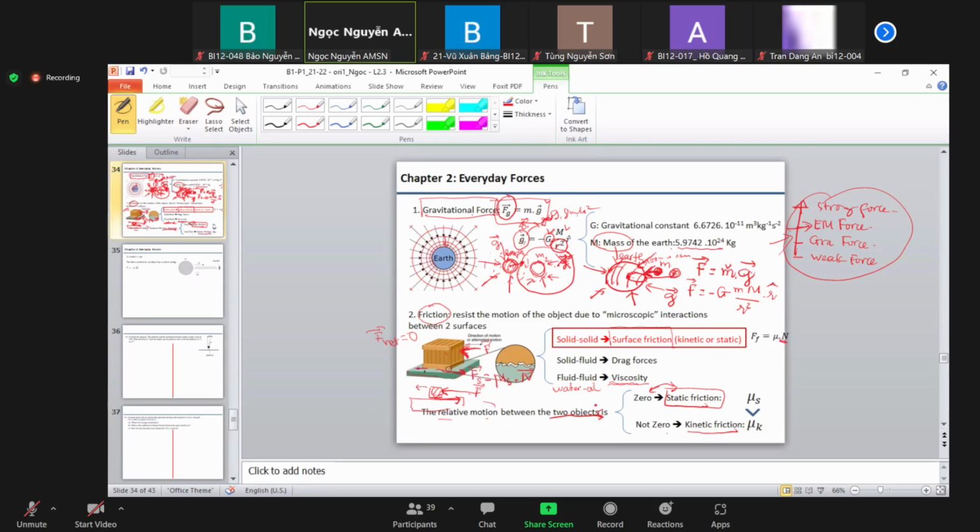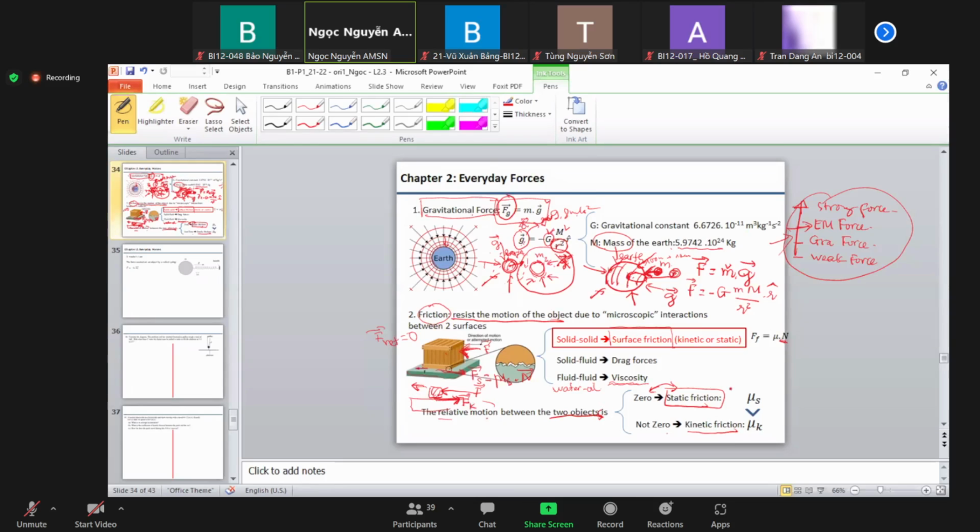Friction opposes the motion of the object, so if the object moves in this direction, friction should be opposite like this. And here is F. In this case, it should be not Fs, but Fk.